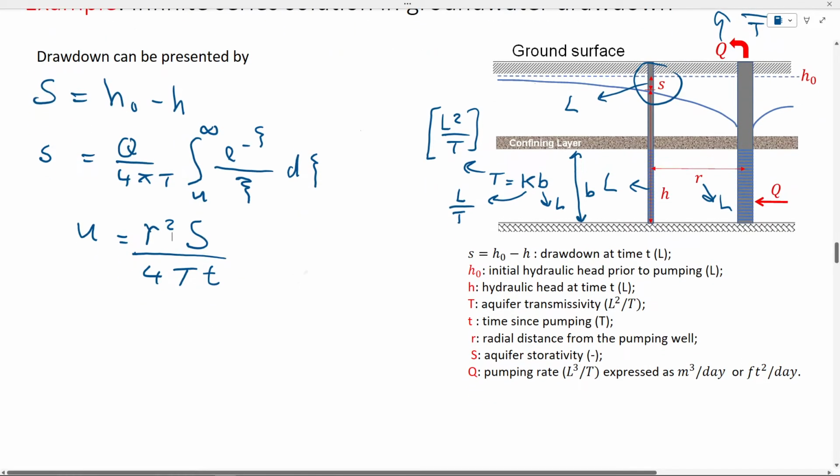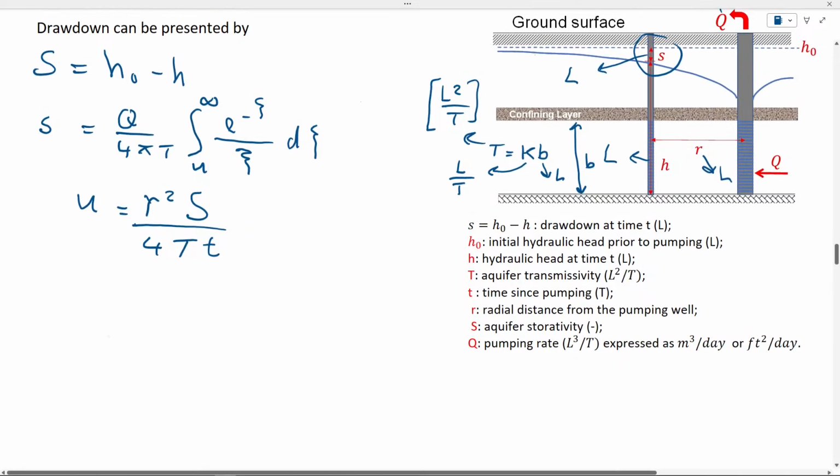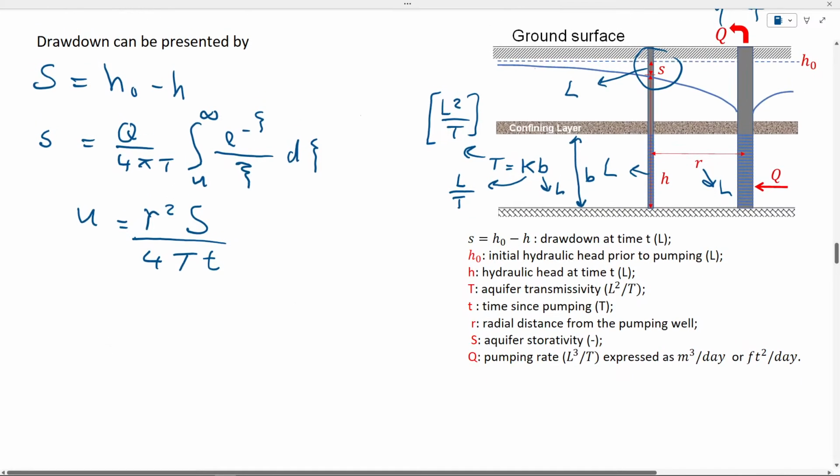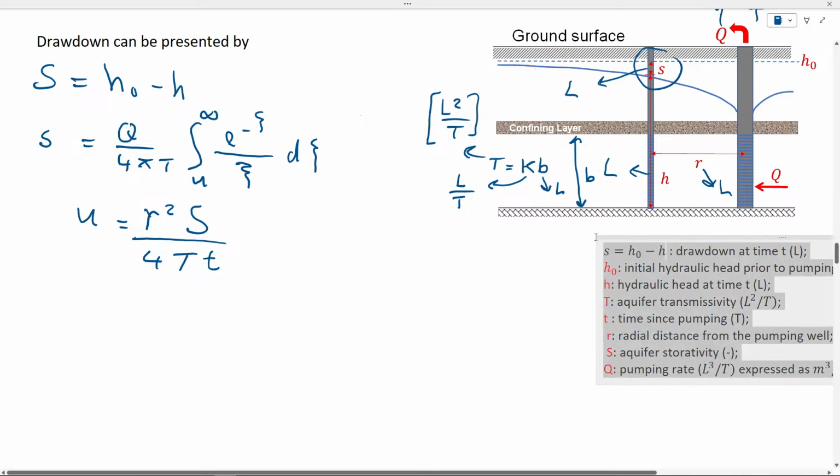So what do we do here? Can we solve this guy? Yes, we can solve this guy because we know that it has a solution. Let me get rid of these things, I have more space here.